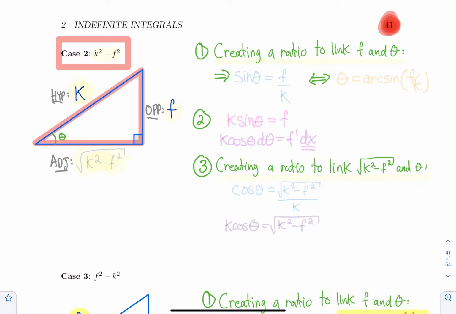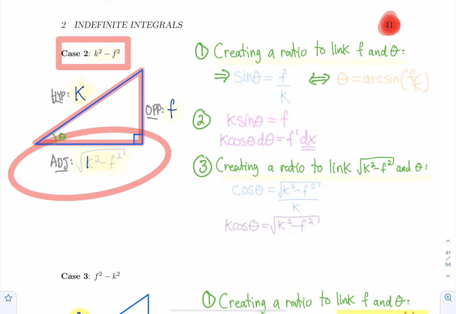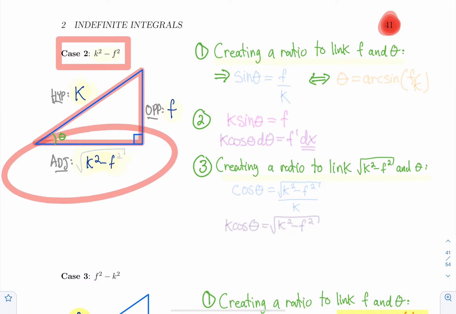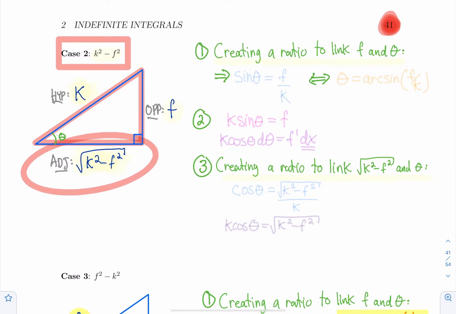So remember, there's always one side that you are computing using Pythagoras' theorem. Using Pythagoras' theorem, the adjacent side is going to be the square root of k squared minus f squared. And of course, this is good. The inside of that square root matches your difference of squares. So this is how you know that your right triangle is set up correctly.